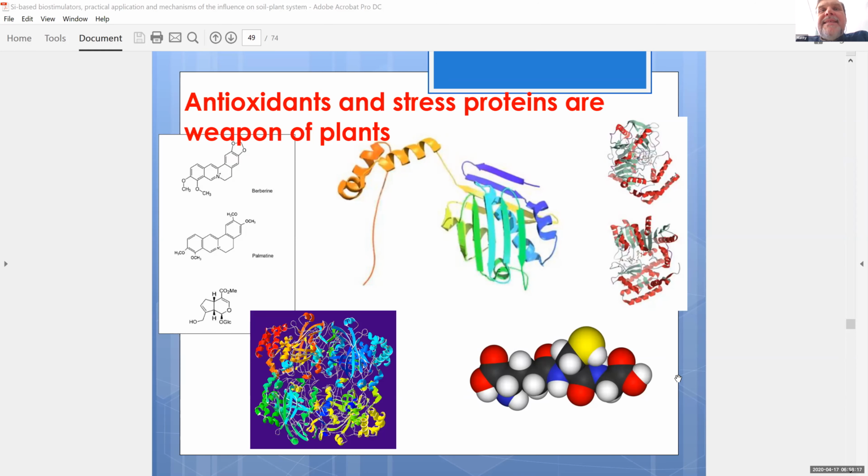And today scientists know different types of antioxidants and stress proteins, but the plant needs to verify which antioxidants or stress proteins must be formed or synthesized inside the plant. Next, please.